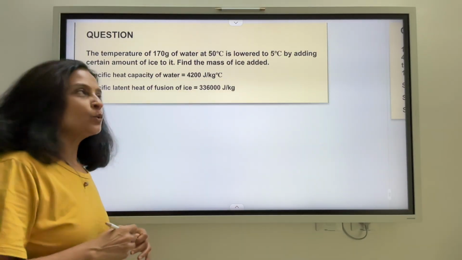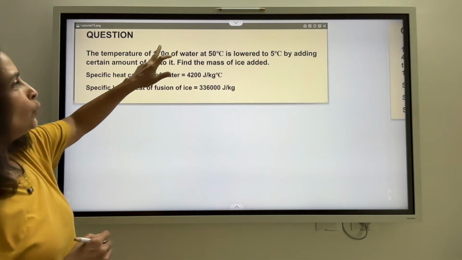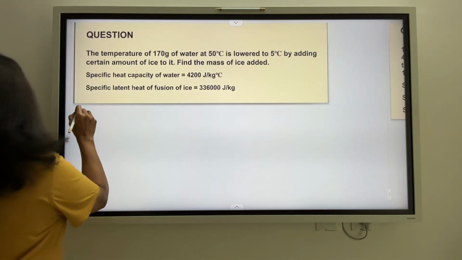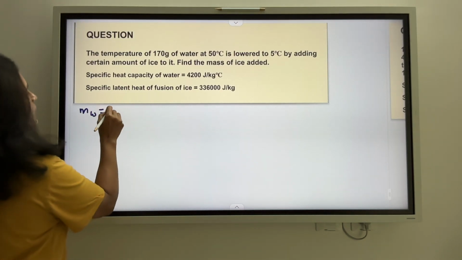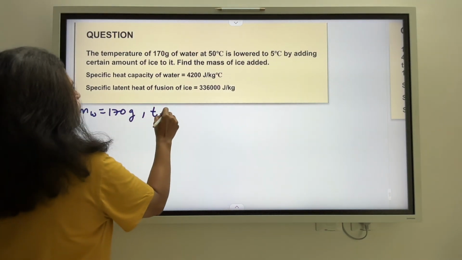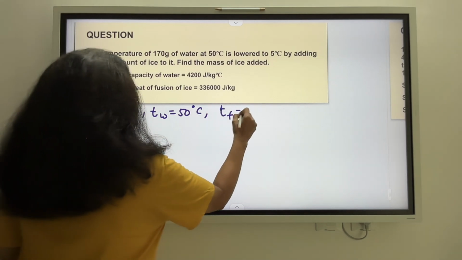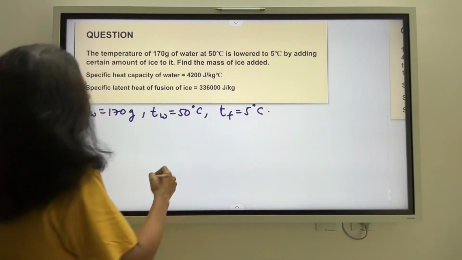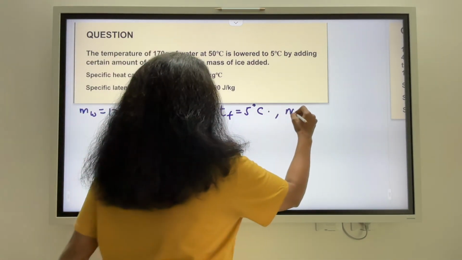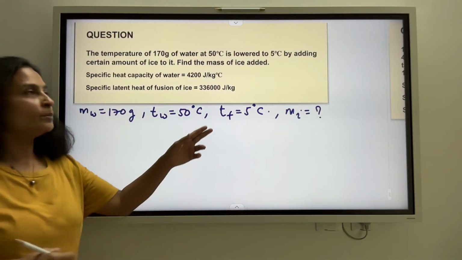So here we have a question where ice is being added to water to lower its temperature. So we have 170 gram of water at a temperature of 50 degrees centigrade, and it reaches a final temperature of 5 degrees centigrade when some mass of ice is added to this water. We have to find out how much of ice has been added. क्या क्या दिया हुआ है हमें.